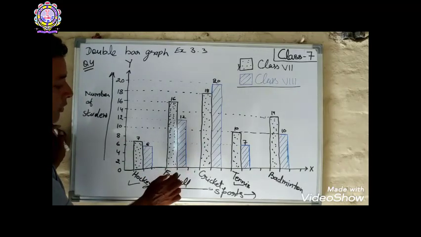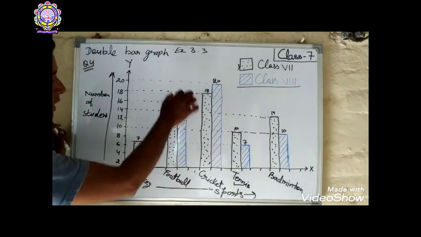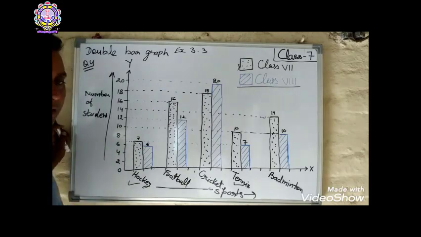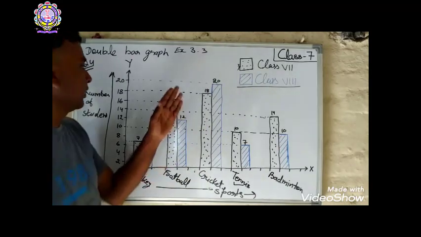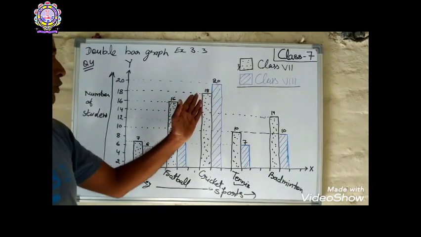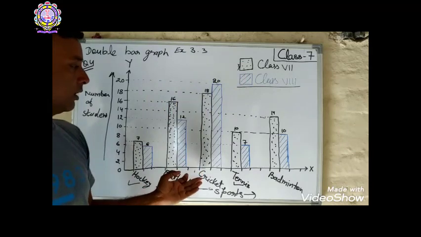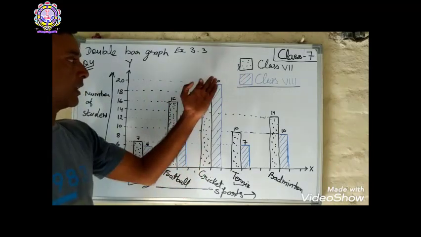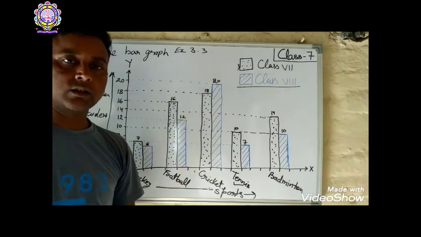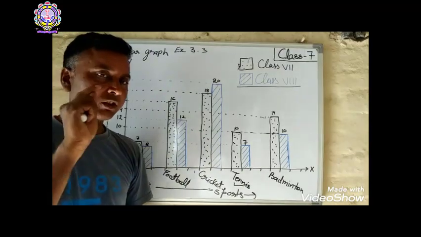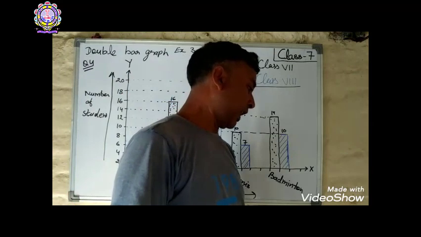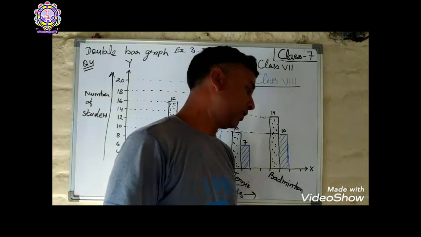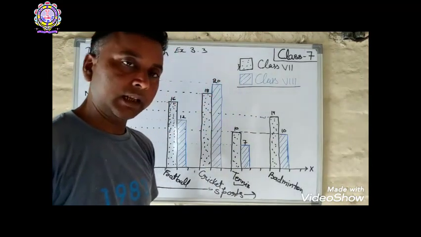Here it is the same for football, 7th class is greater than 8th class. But in this column, in cricket, you are observing the number of students in 7th class, less players than 8th class. Which game? You just write the answer, cricket. The answer of D part, you just write cricket.